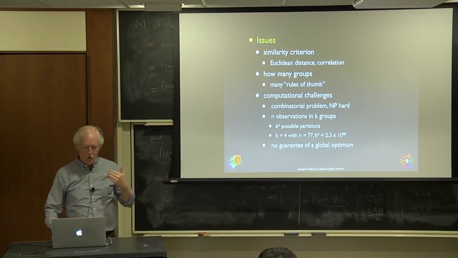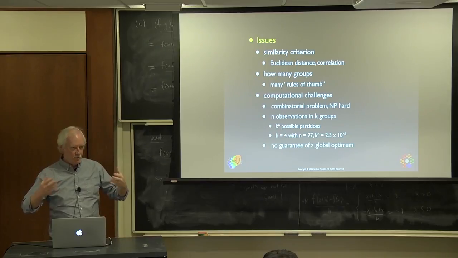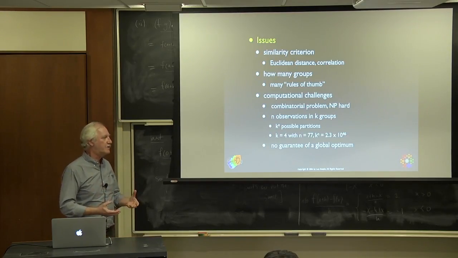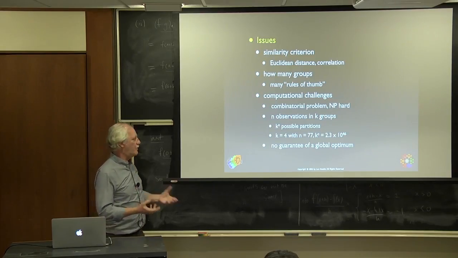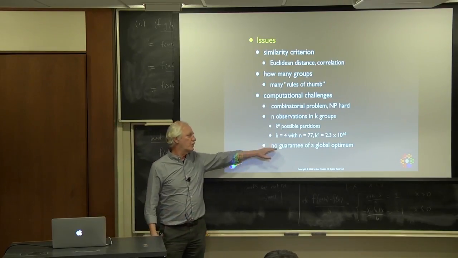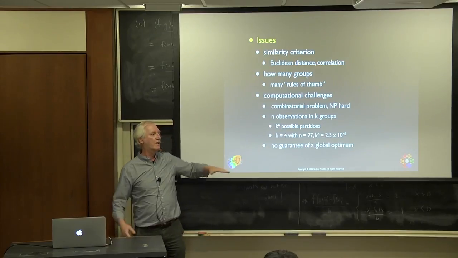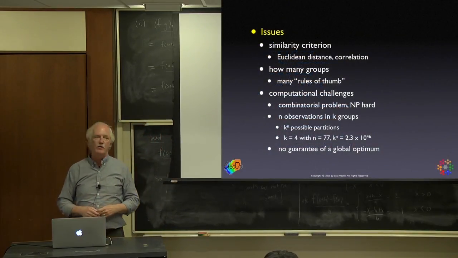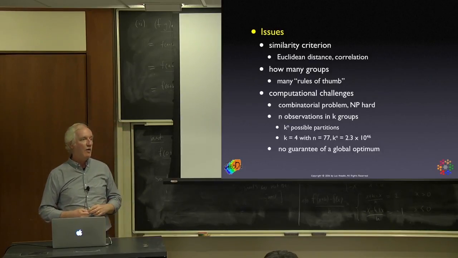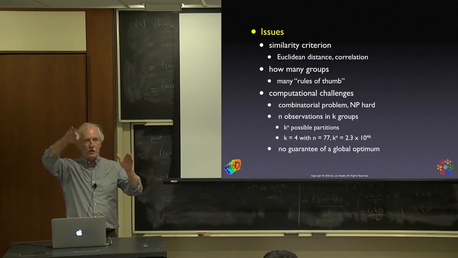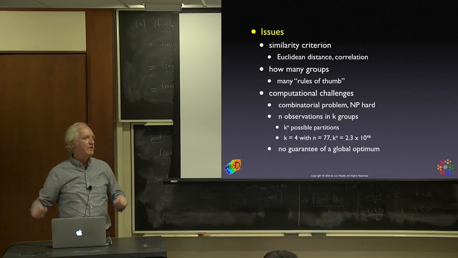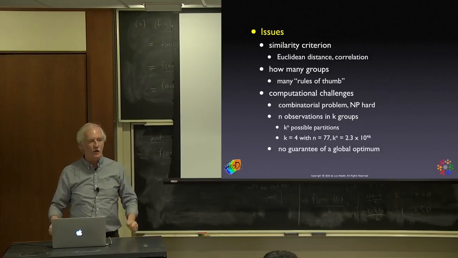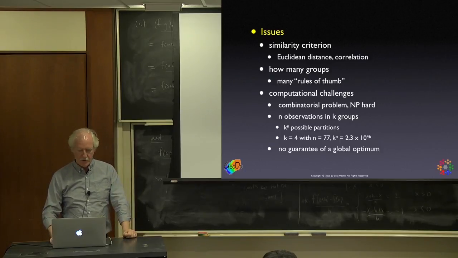So the challenge is to come up with algorithms, with heuristics that get you something as close to the global optimum as possible. As this is a highly nonlinear problem, there is no guarantee that you actually have the global optimum, because you can get stuck in a local position that you think, oh, I'm doing great, but in fact, you're not. So how do you get unstuck? That's a big challenge in this process.